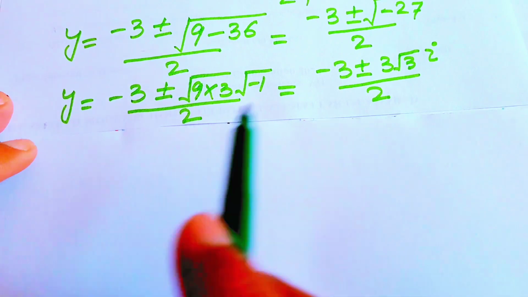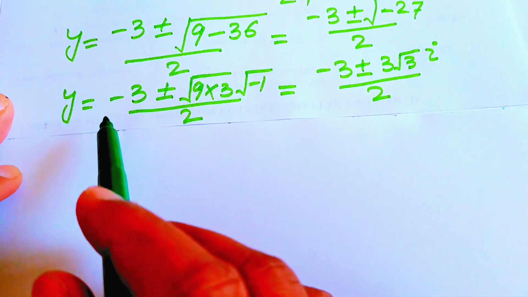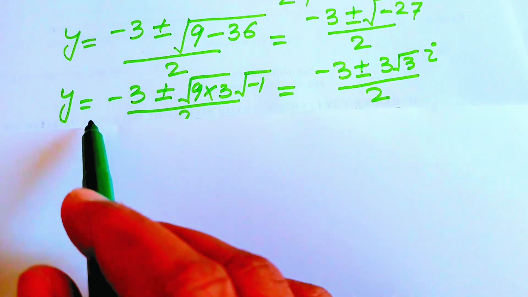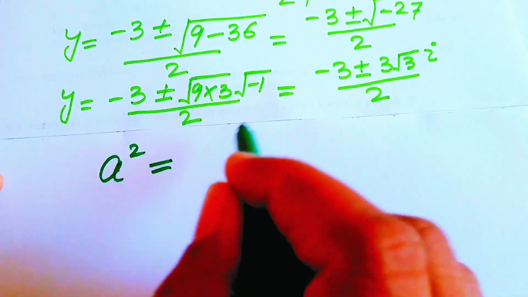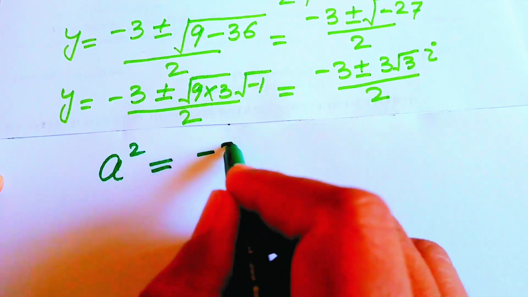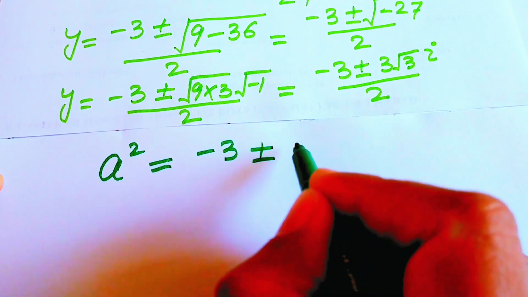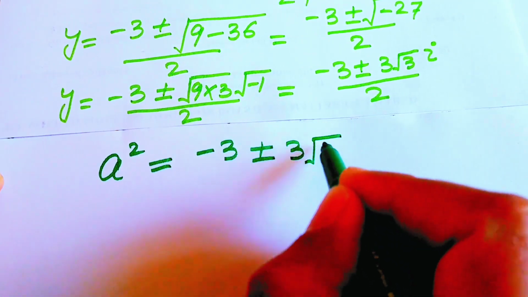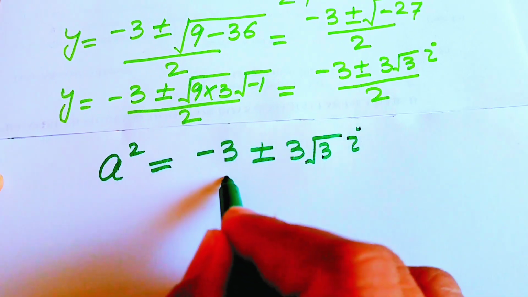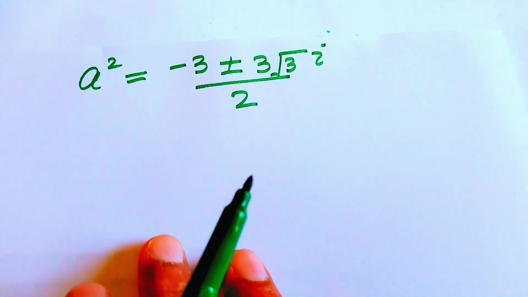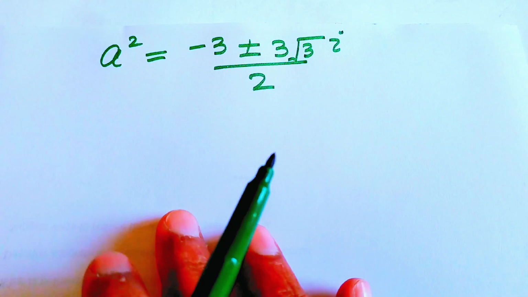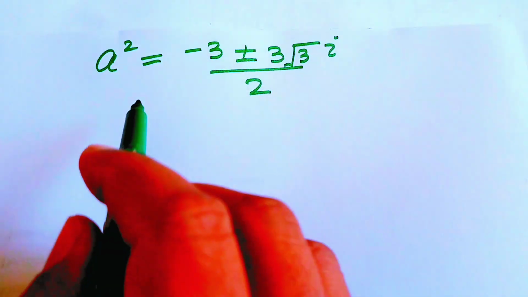And now in the next step, we back substitute the value of y, and at the start of the problem we took y equals a square. So our a square equals this value, and it becomes minus 3 plus minus 3 times square root of 3 iota, divided by 2. And now we simplify this equation and we get the other roots of the given equation.